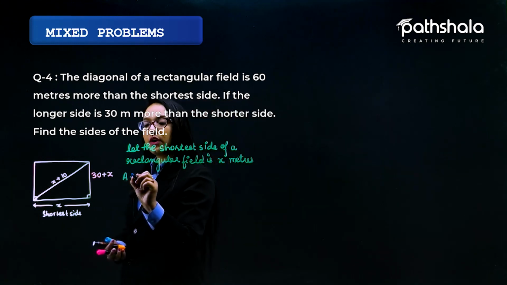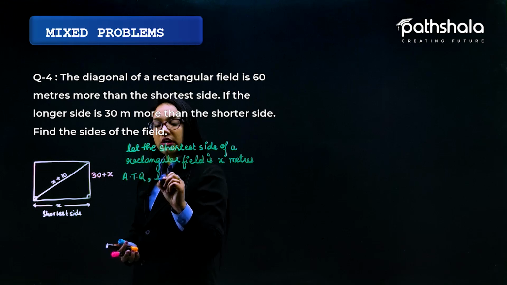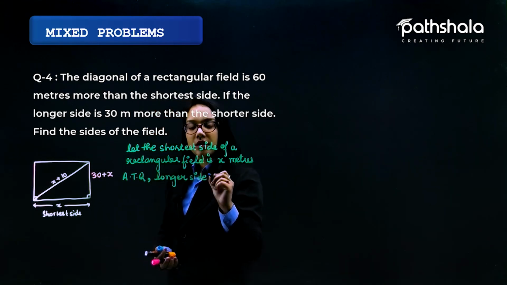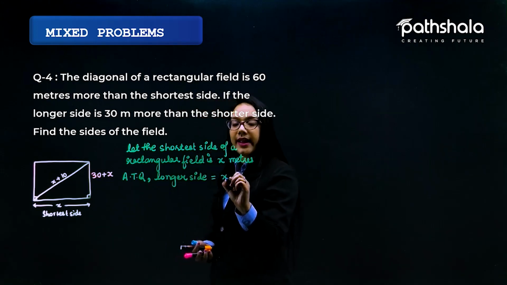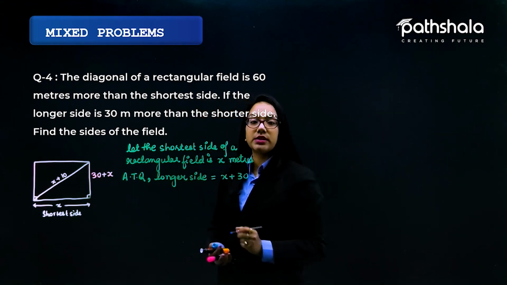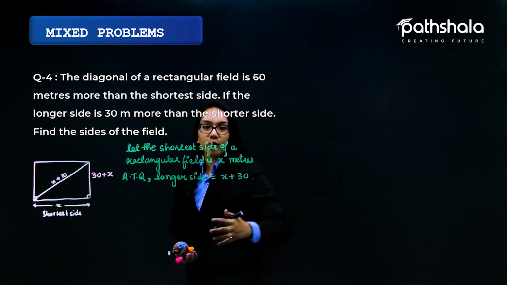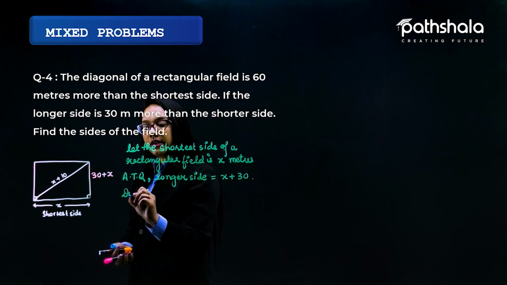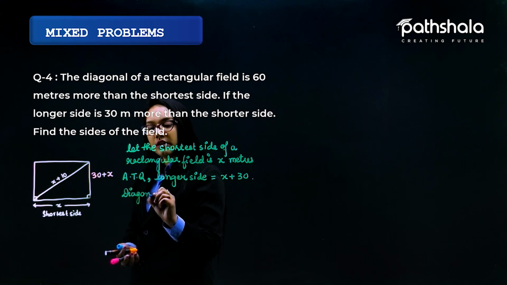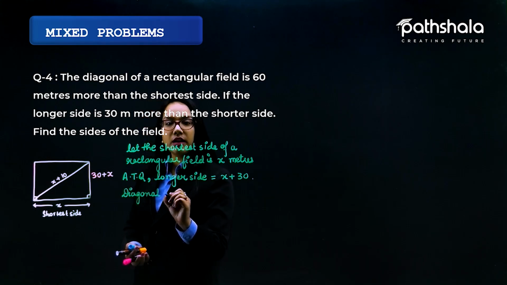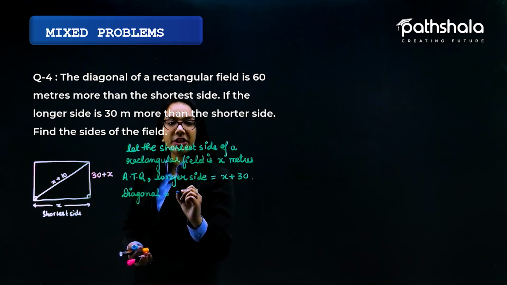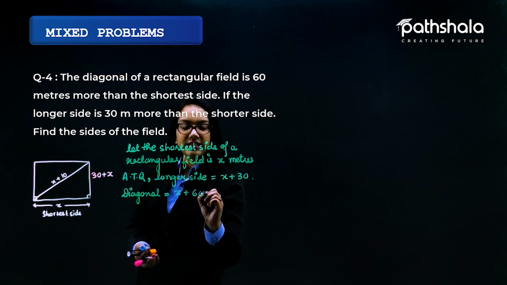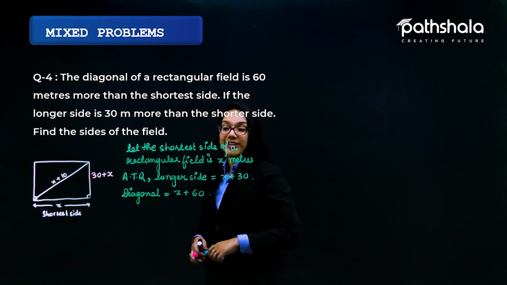Then according to the question, the longer side is x plus 30, because it is 30 meters more than the shorter side. Furthermore, its diagonal is 60 meters more than the shortest side. So the diagonal would be x plus 60.